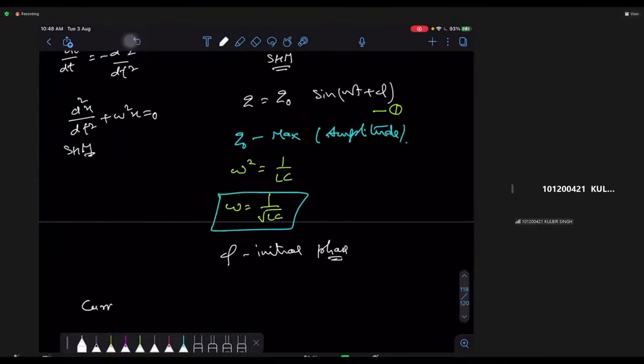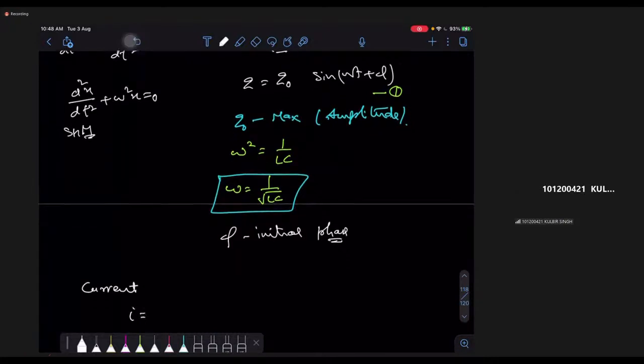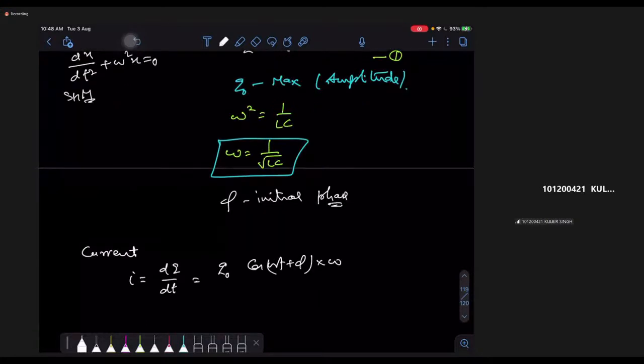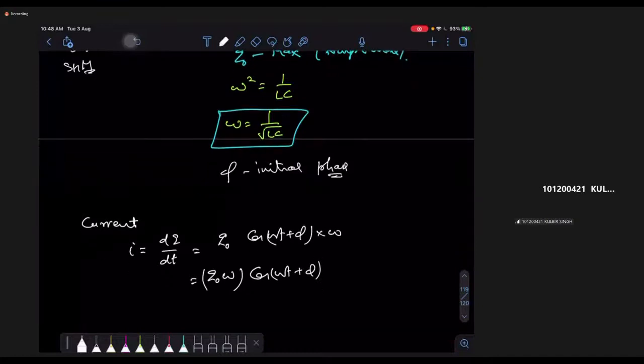If you write the current, my current is dq by dt, and the derivative of sine is cos. So it gives me cos(omega t plus phi) into omega, that is, Q naught omega cos(omega t plus phi).